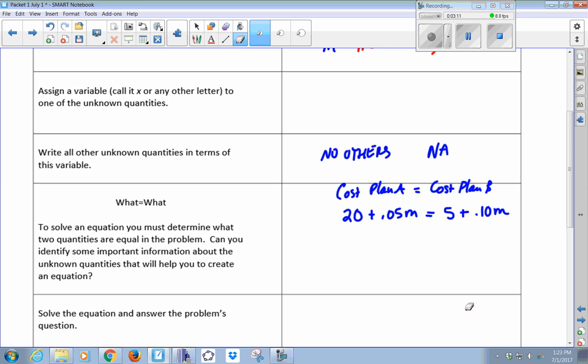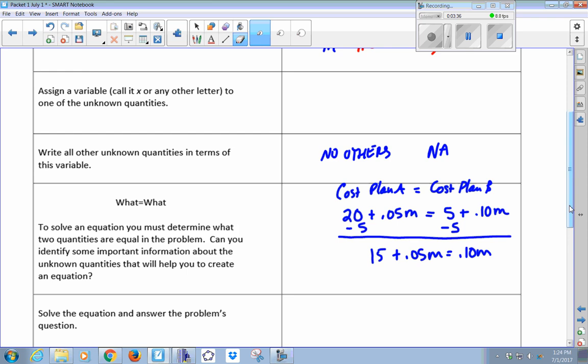We set these two expressions equal to each other. And when we solve for M, we're going to find the number of text messages that you can send that will make the cost for both plans exactly the same. So let's solve this equation. Let's subtract 5 from both sides. We get 15 plus 0.05M equals 0.10M.